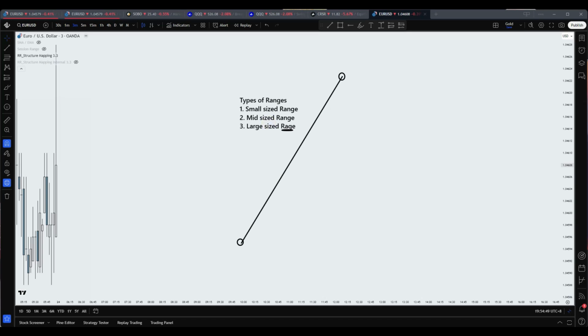Once a range is created, what's the next step? So let's say your range is created something like this after taking the QM.